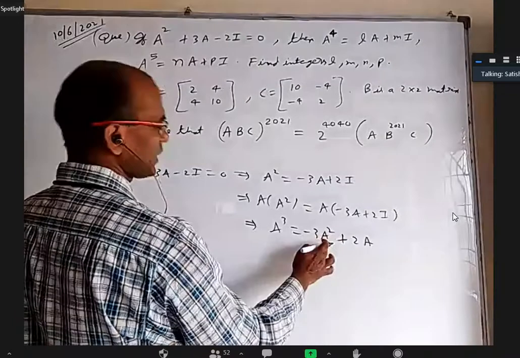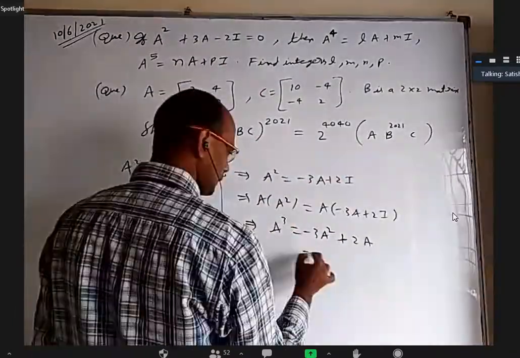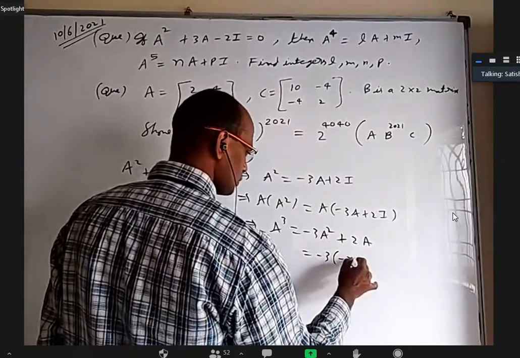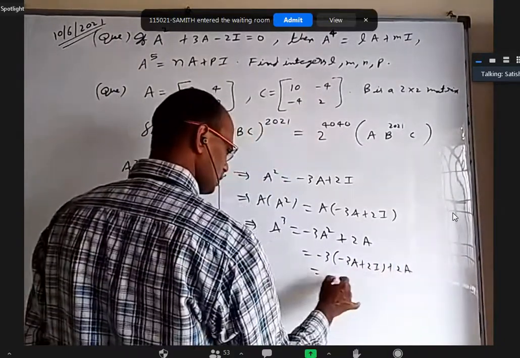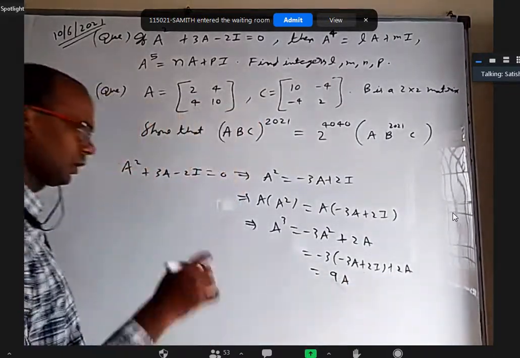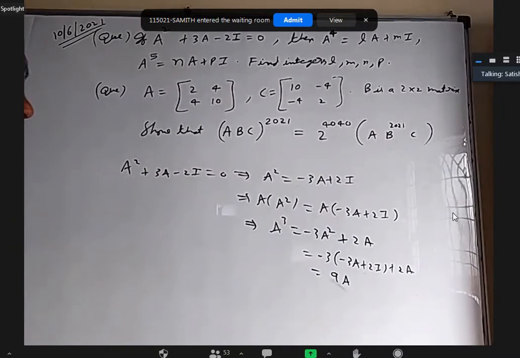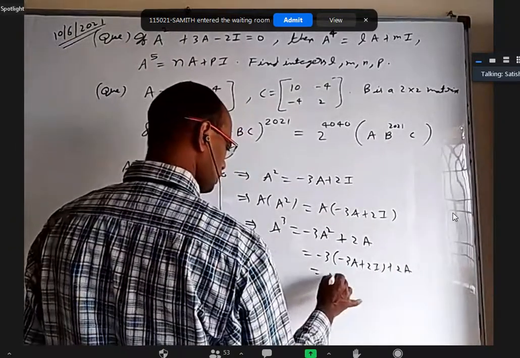Now, in the place of A square, I can substitute minus 3A plus 2I. Minus 3 into minus 3A plus 2I plus 2A. That is 9A minus 3 minus 6I. 9A plus 2A, 11A.